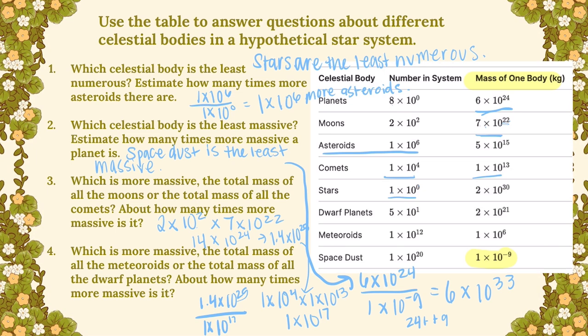And that's going to leave me 1.4 divided by 1 is just 1.4 times 10 to the 25 minus 17, which is 8. And so that means that it's 140 million times more massive.